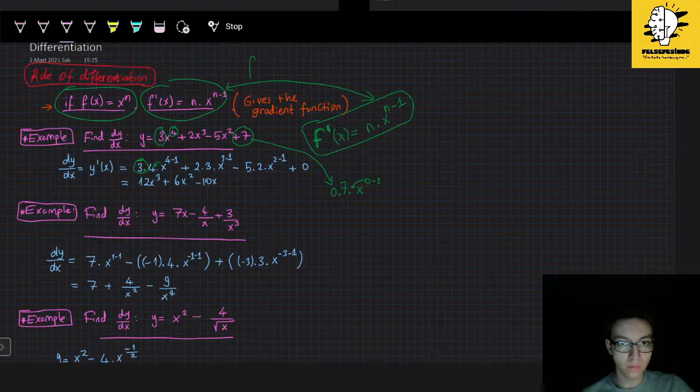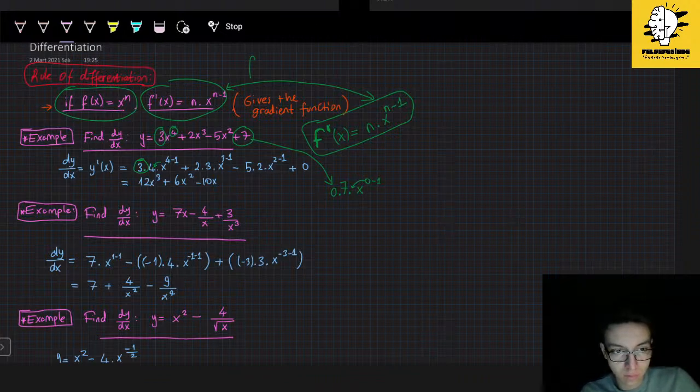And remember it. Do not memorize it. Just remember the rule of differentiation, and you will be good to go. And at the end we have 12 times x to the power 3 plus 6x squared minus 10x, and this is the first example.